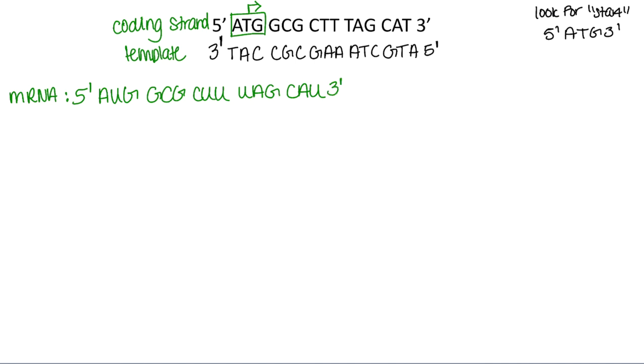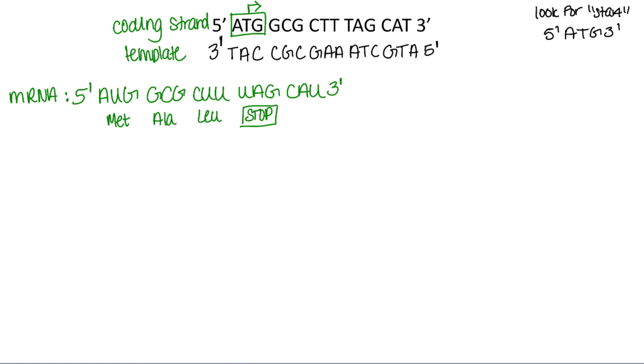So here's our mRNA. Now, using the codon table, we can actually go ahead and translate this. So AUG is MET, GCG is ALA, CUU is LEU, and then UAG is one of our stop codons. And so we're going to stop there.